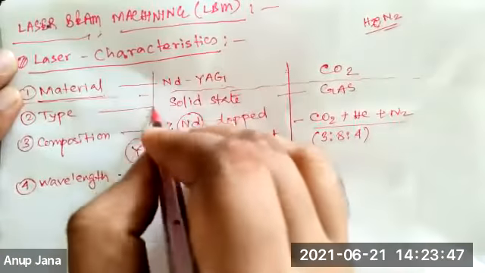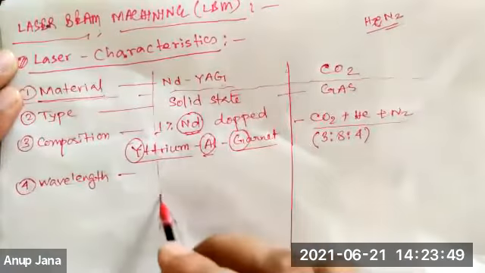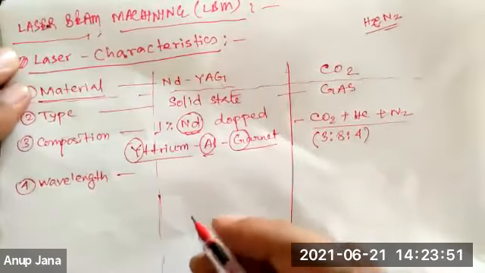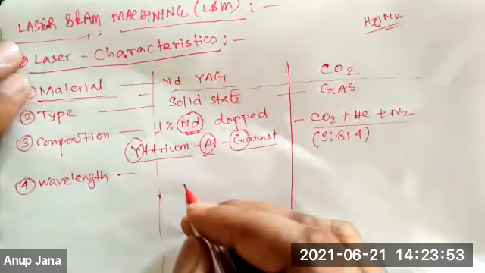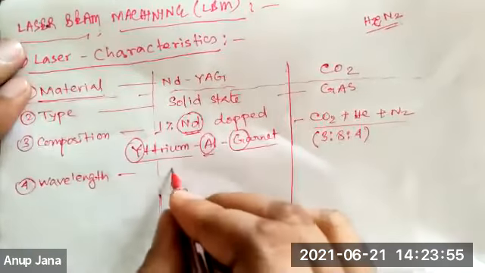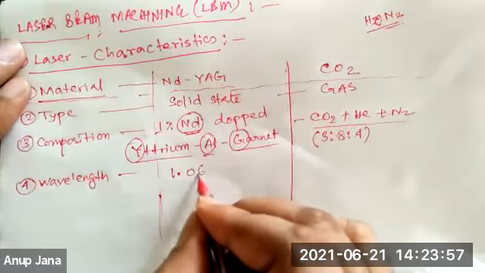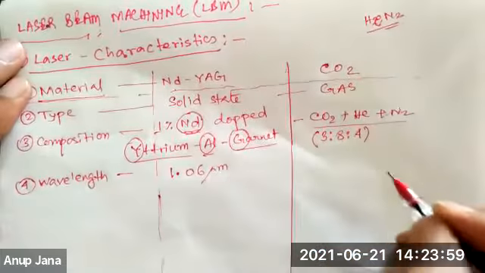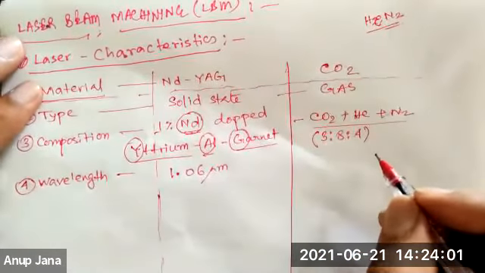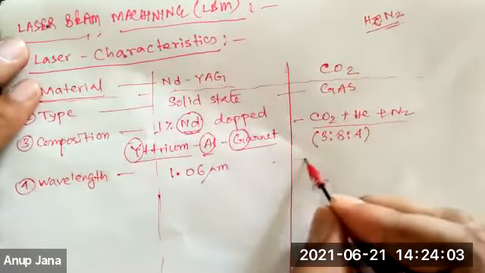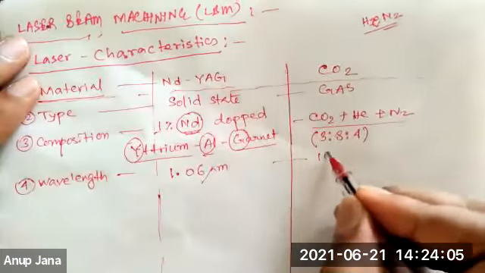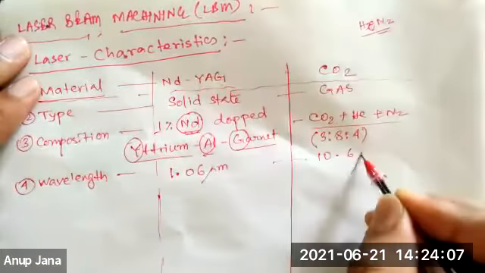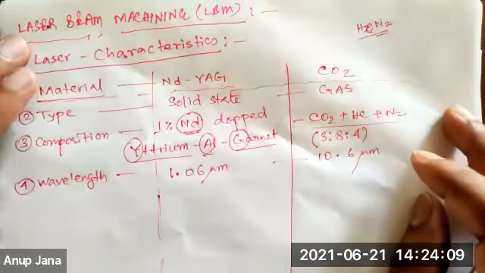Or wavelength. So what wavelength we get? We will get somewhere around 1.06 micron in case of ND-YAG, and in case of CO2 we are going to get more. It will be somewhere around 10.6 micron.